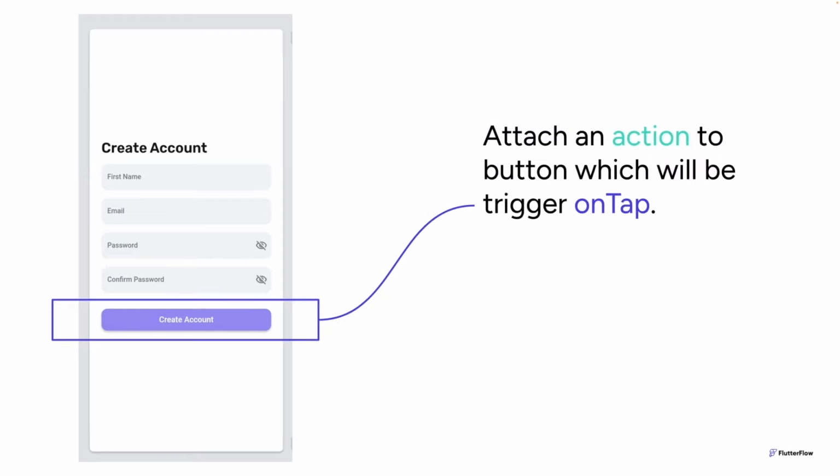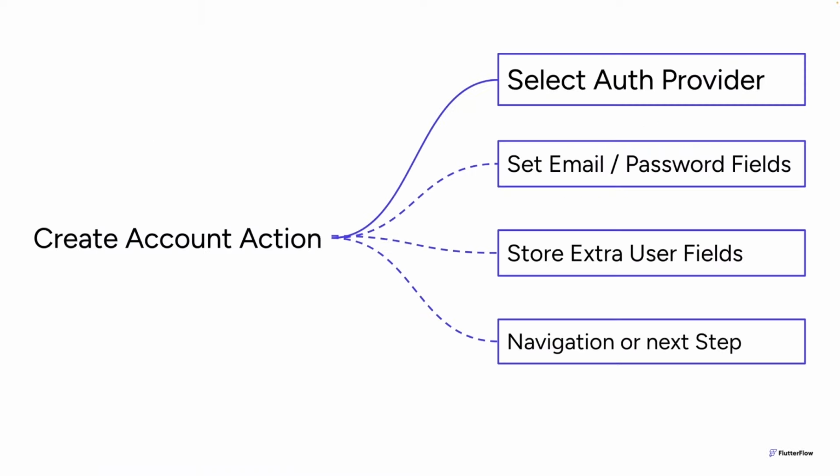The next step is to add a create account or sign up button to attach the create account action to it. Typically, this action will be triggered on tap. There are a few steps for creating an account. You can start by having a provider, such as Firebase Authentication login with username and password. Then the information required for the provider, such as username and password.